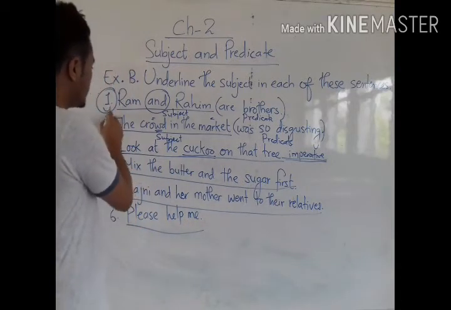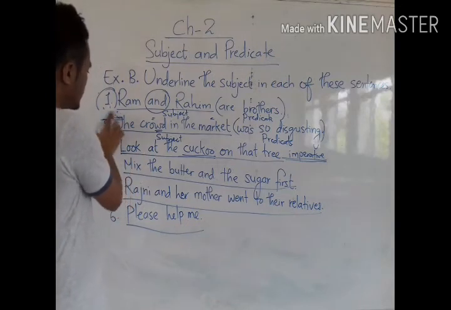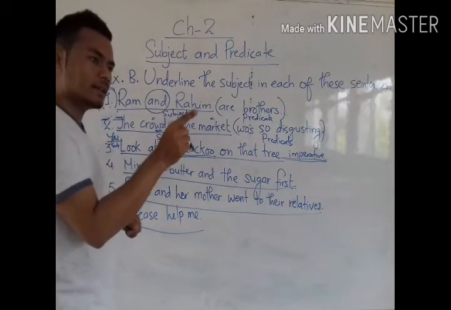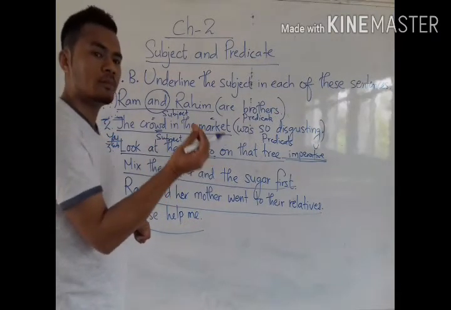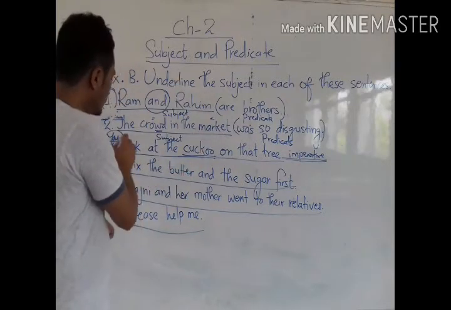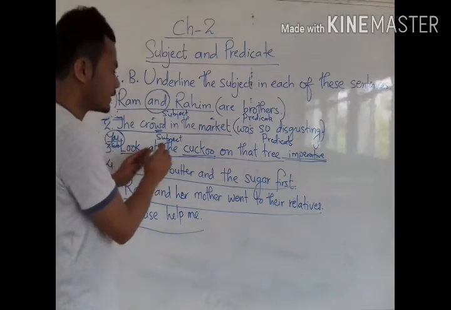Here the subject is hidden. That means you is the subject here. I am asking someone, by addressing you, to look at the cuckoo. So here you is subject. Look at the cuckoo on that tree.